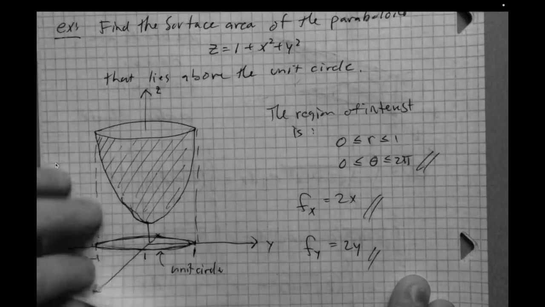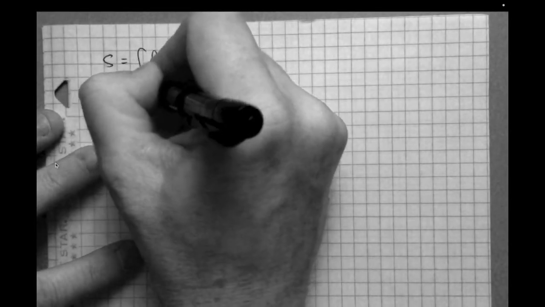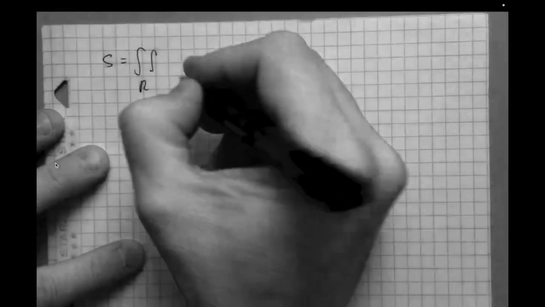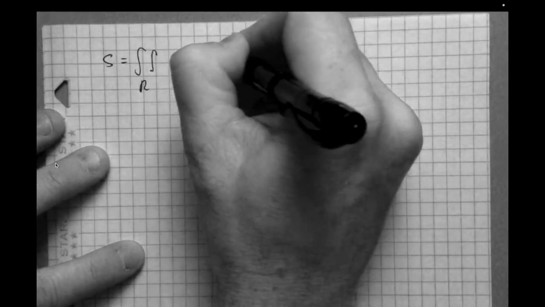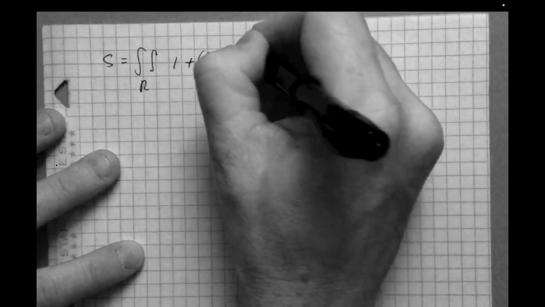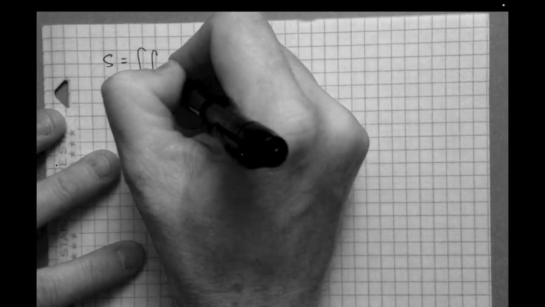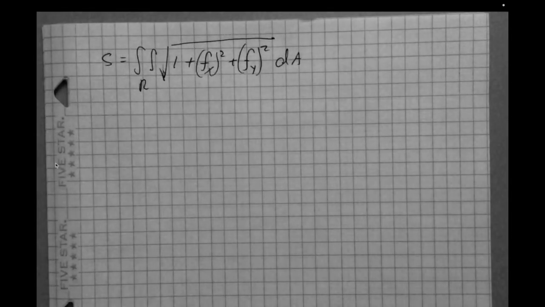So let's plug all of this into the integral, into the formula for the surface area, and see what happens. So the surface area is going to be equal to this double integral over r. And then again, just to drive this home, it's partial with respect to x squared plus partial with respect to y squared plus 1 dA.